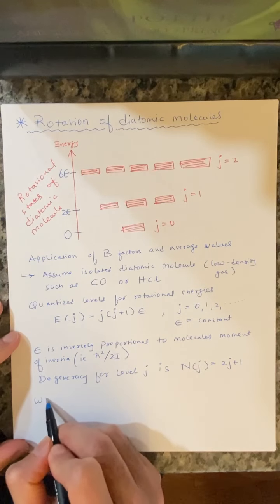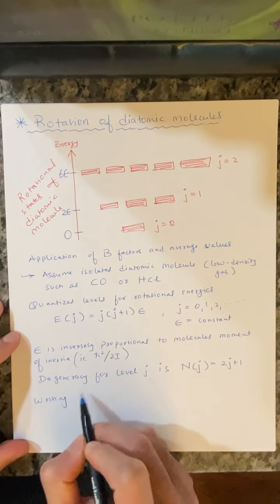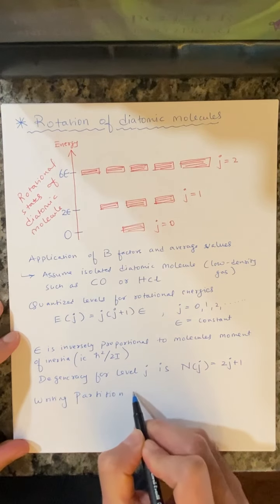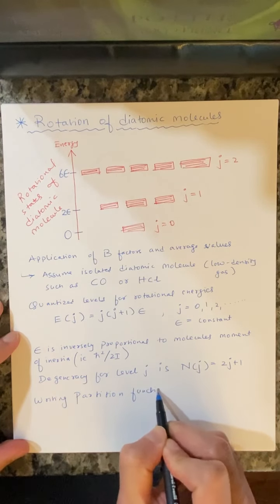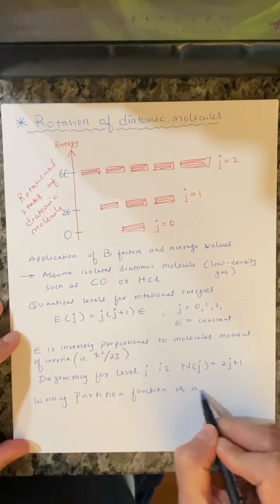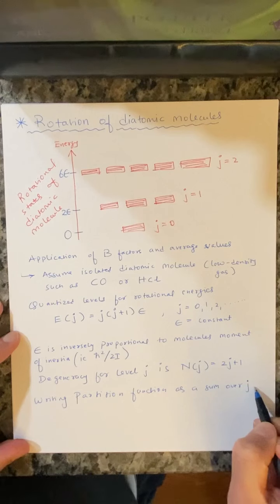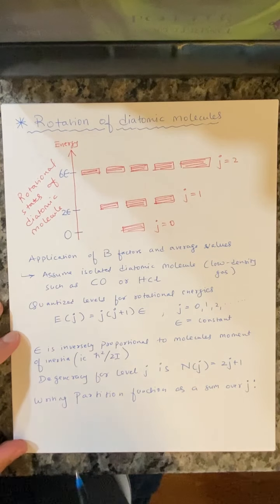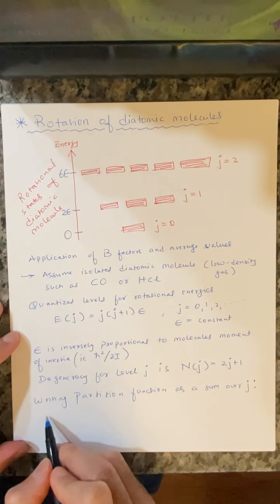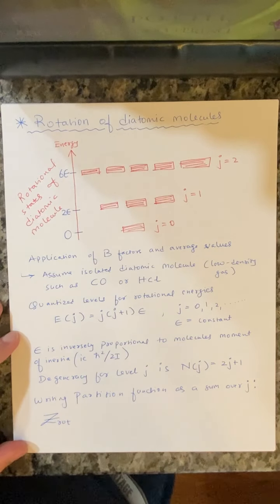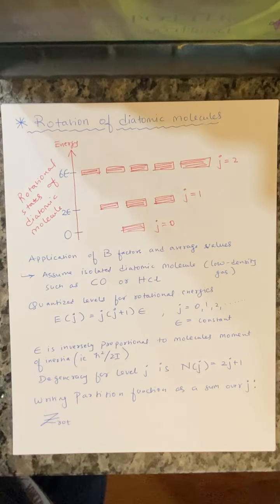Writing the partition function as a sum over J, what are you going to end up with? Over here you got Z rotational, with ROT subscript for the rotational states of a diatomic molecule, right?